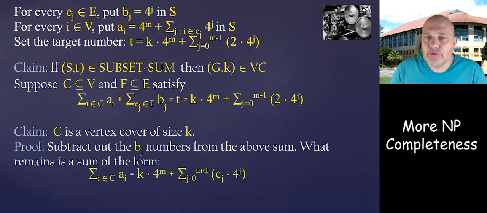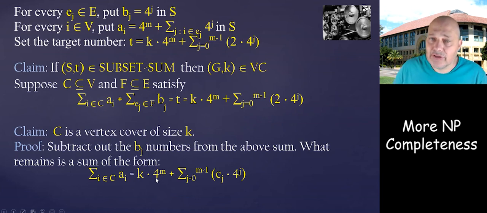To do that, I'm going to subtract all the edge numbers from the above sum. And what's going to remain is just the vertex numbers. The sum that we get will still be k times 4 to the m, because the edges never touch this coordinate 4 to the m.